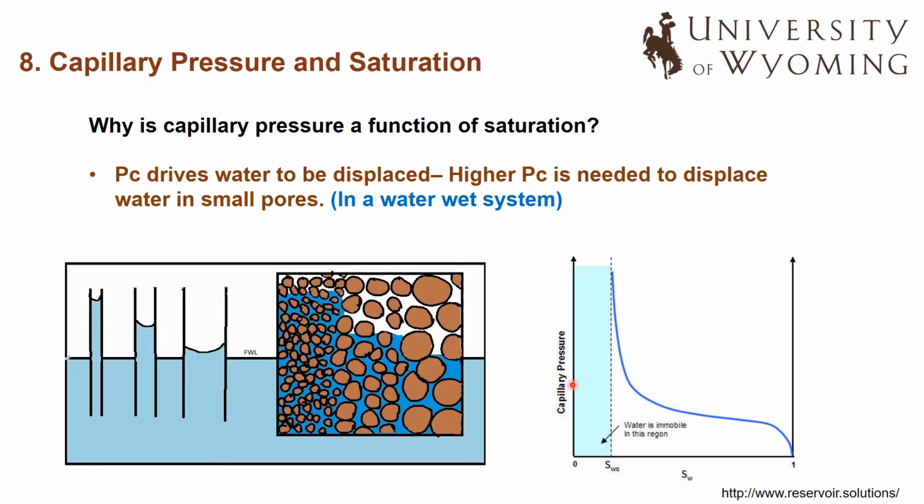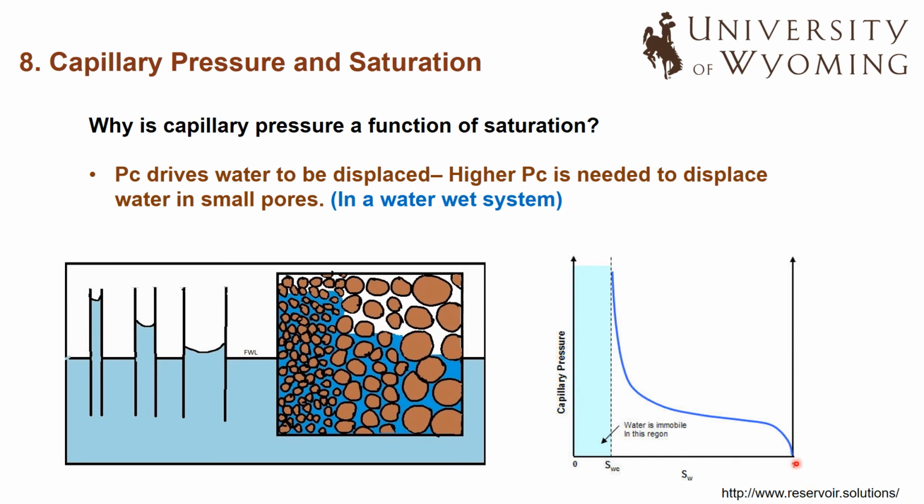We can also establish an indirect relationship between capillary pressure and water saturation because, as you can see here, the larger pores have higher air saturation, but the smaller pores have lower air saturation. So there is an indirect dependence of capillary pressure on saturation that we can also see in this curve.